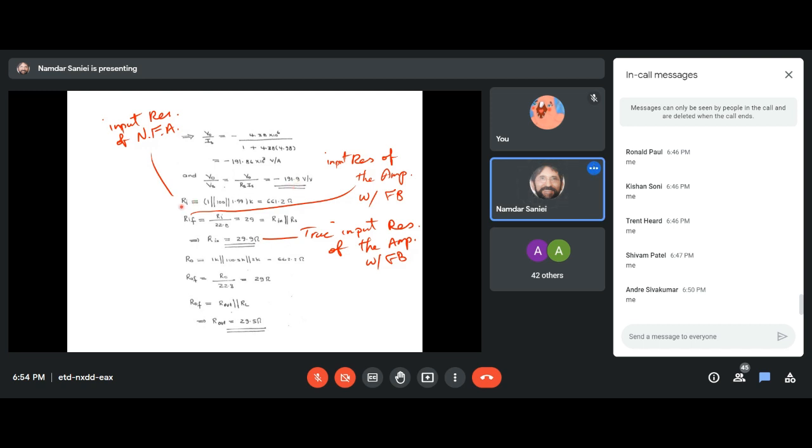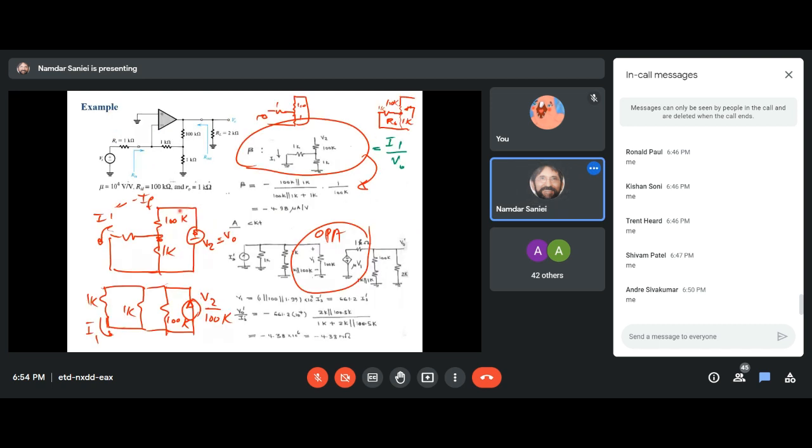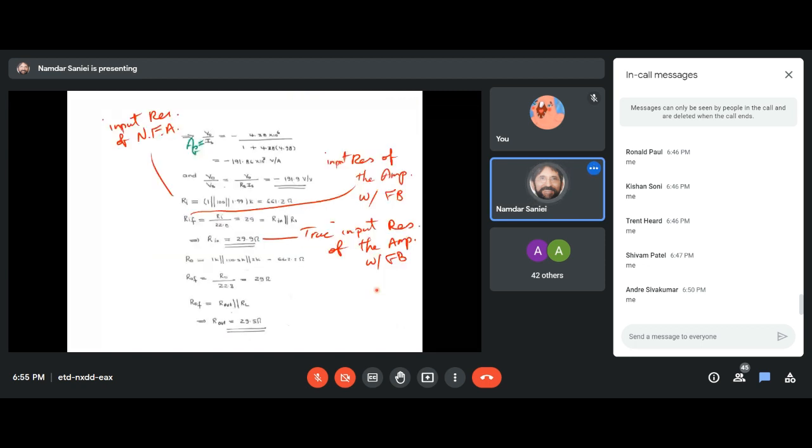Now, for the input resistance, if we look back, we have the parallel combination of all these. For the output resistance, we need to kill this source, and we have the parallel combination of 1K, 2K, and 100.5. Okay, so here it is, input resistance, output resistance, but the input resistance with feedback is the input resistance of the newly formed amplifier divided by 1 plus A beta.